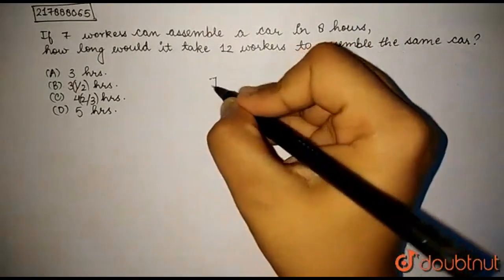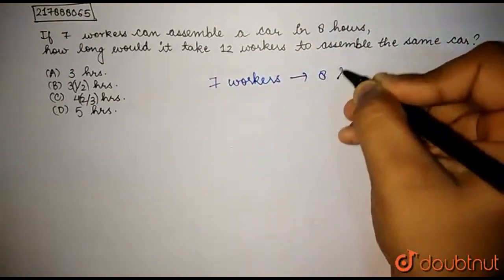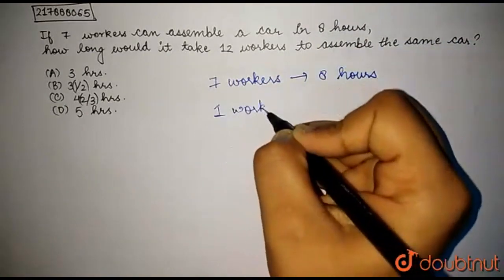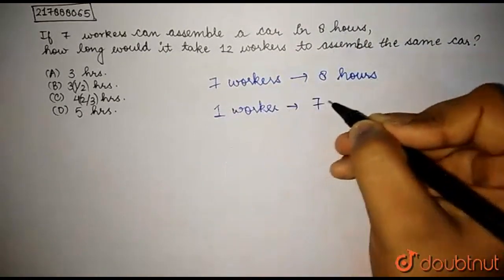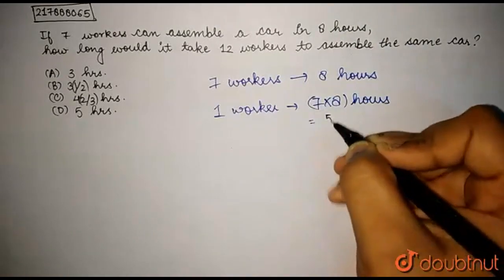Now, if 7 workers can assemble a car in 8 hours, so one worker would be able to assemble the car in 7 into 8 hours, which is equal to 56 hours.